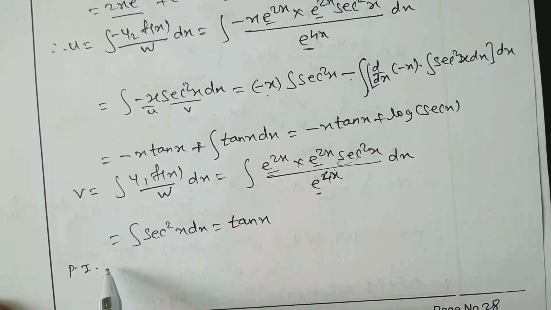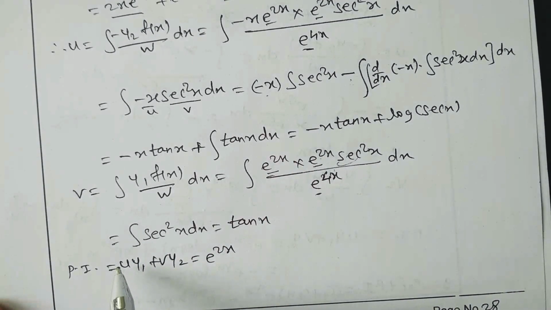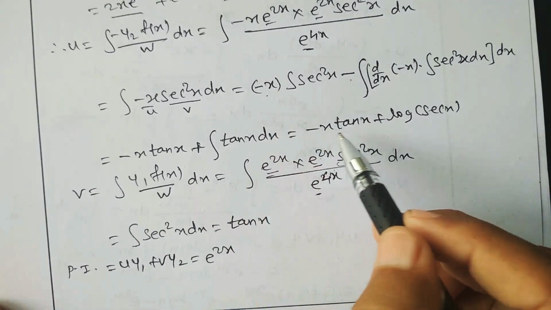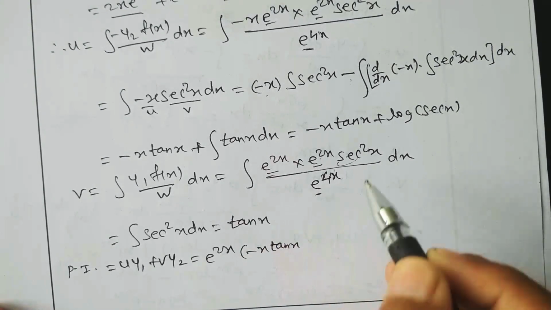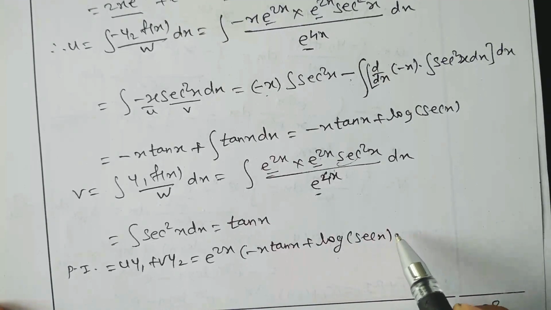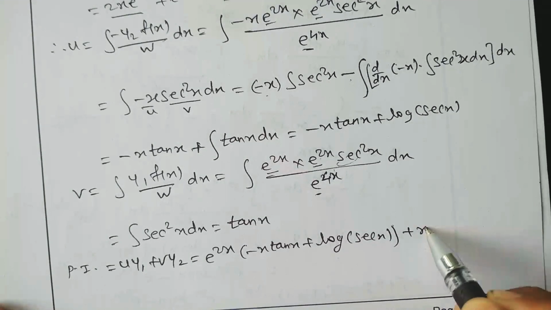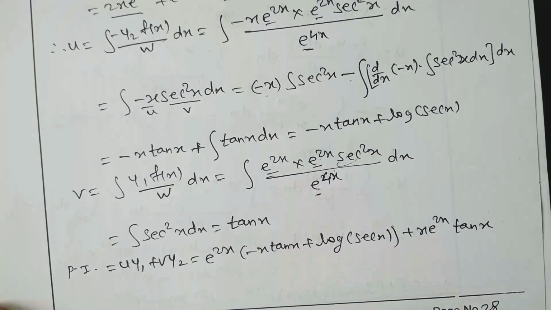Therefore PI is equal to u y1 plus v y2. y1 is e raised to 2x into u. The value of u is minus x tan x plus log of sec x, plus v y2. y2 is x e raised to 2x into tan x.